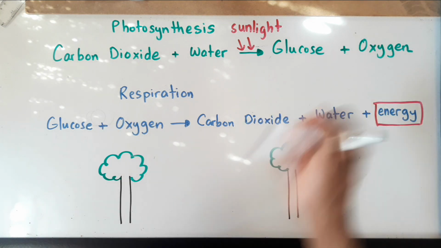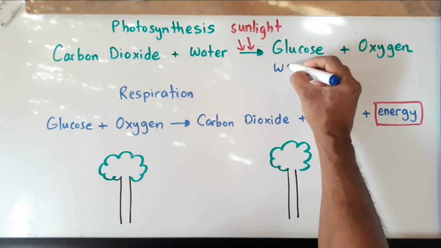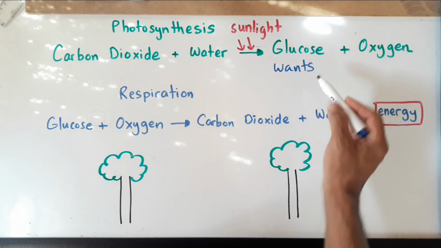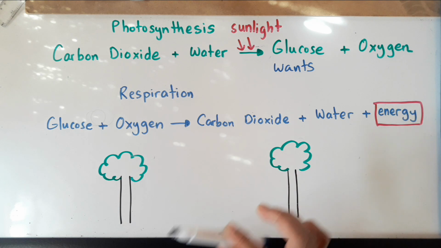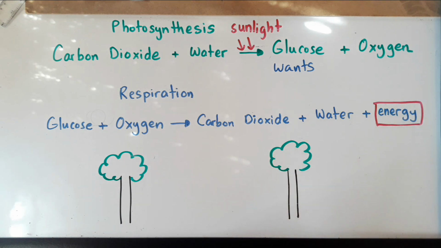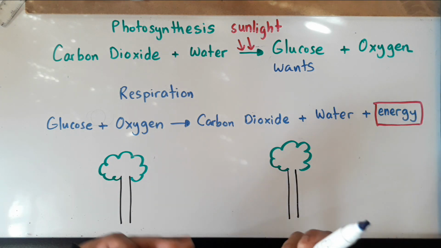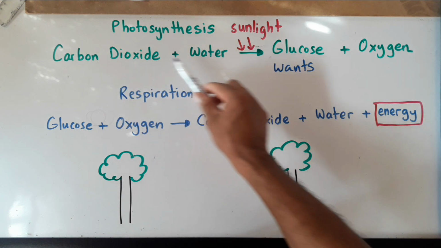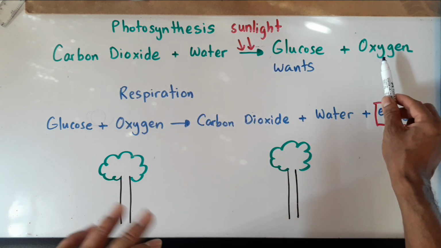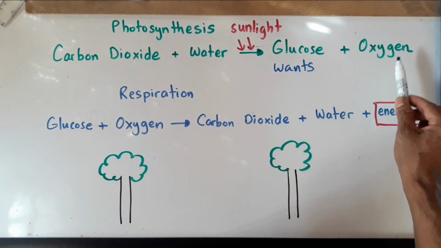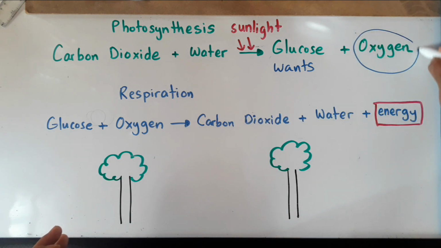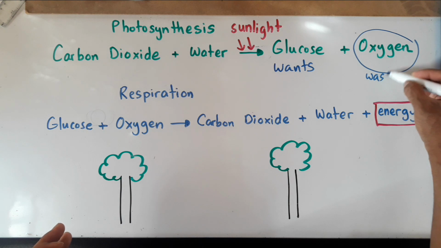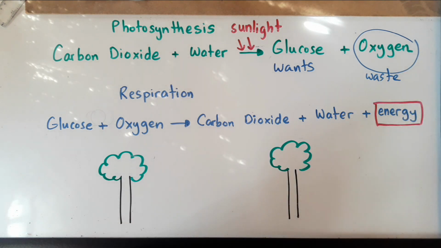Now remember, the glucose is what the plant actually wants. It just so happens it also creates oxygen. Now I know oxygen is a good thing for humans, but please remember that the plant doesn't need the oxygen. So to the plant, this is actually a waste product. Believe it or not, that's actually a waste.